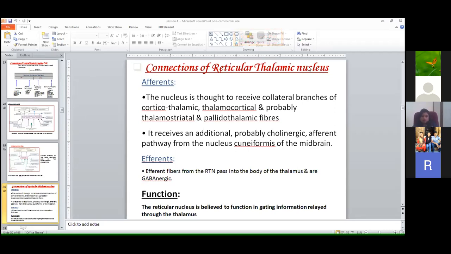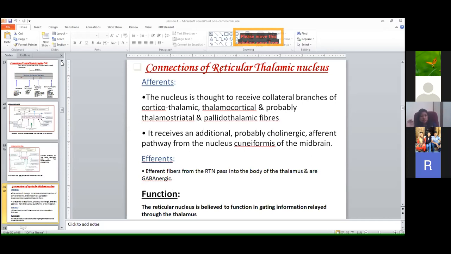Ma'am, yesterday you explained that the diencephalon functions as a relay station. See, the diencephalon is divided into the thalamus, hypothalamus, epithalamus and so on. Only the thalamus is concerned with the relay station.